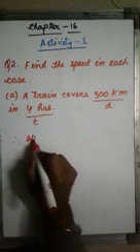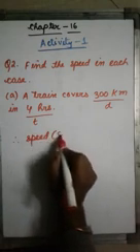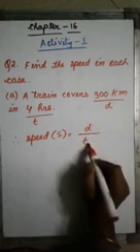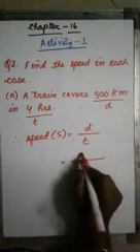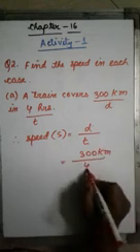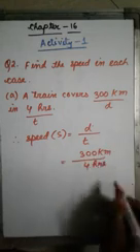Therefore, speed s equal to d by t, distance by time. Distance is 300 kilometer and time is 4 hours.